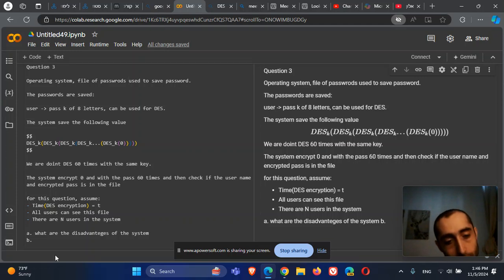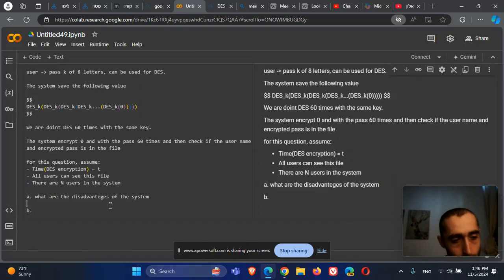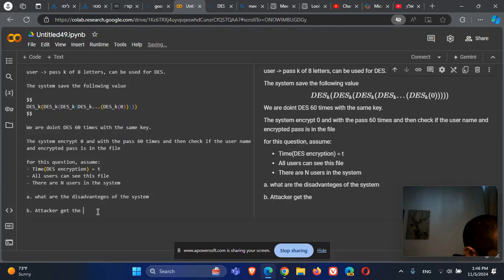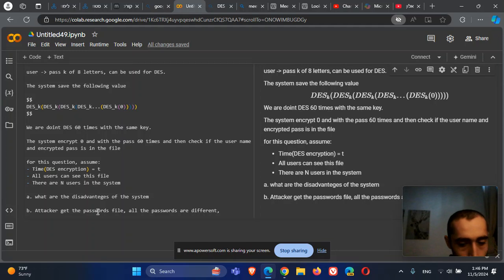It seems, if I understand it correctly, that the attacker gets the passwords file. All the passwords are different. How many times should he try until he succeeds?